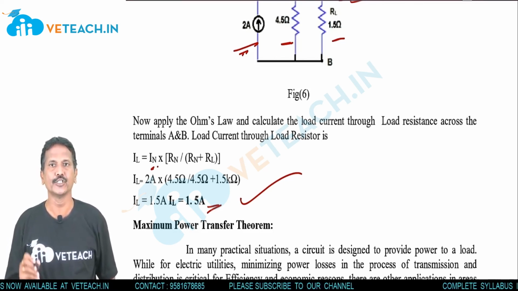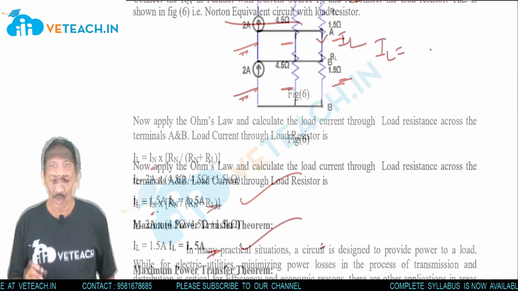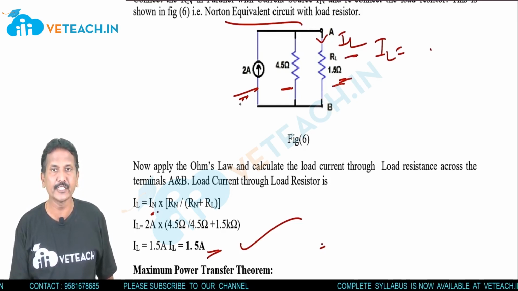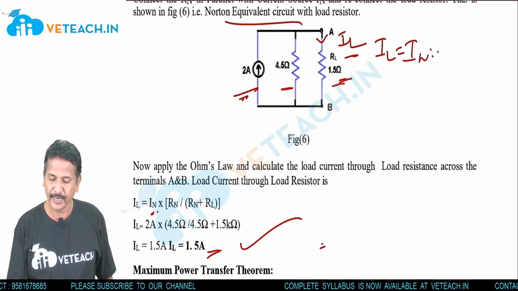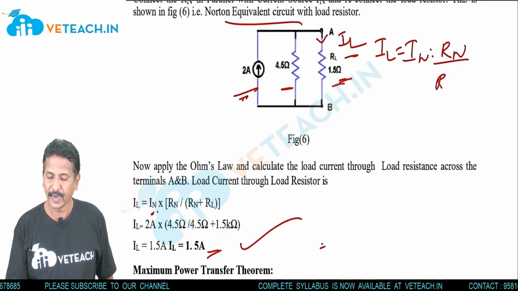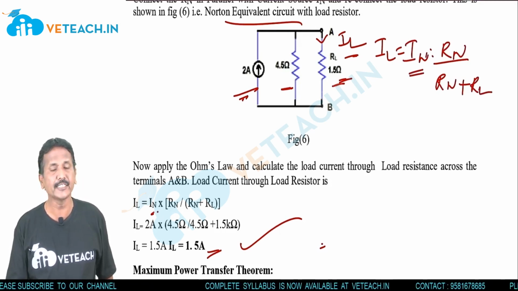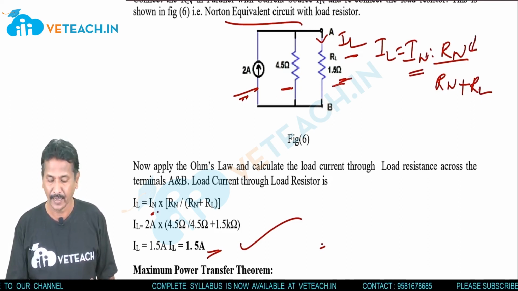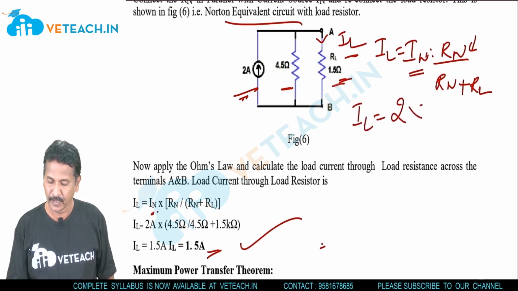Okay students, derivation is important and always practice some problems. To find the load current in the equivalent circuit diagram, what formula do we have? IL is equal to IN into RN by RN plus RL. Students, what is the meaning of IN? IN is the new current we found, and RN is the new resistance we found, and RL is the load resistance. So IL is equal to, how much IN value did you get? 2 amps, right?